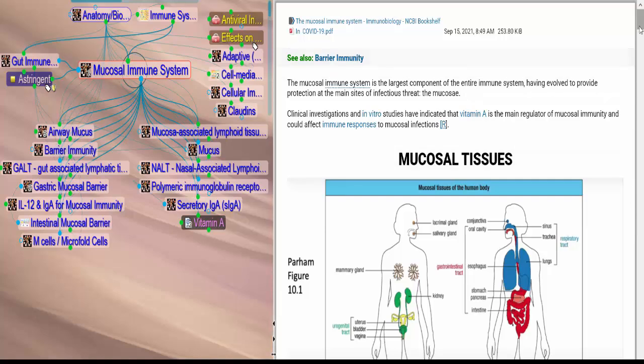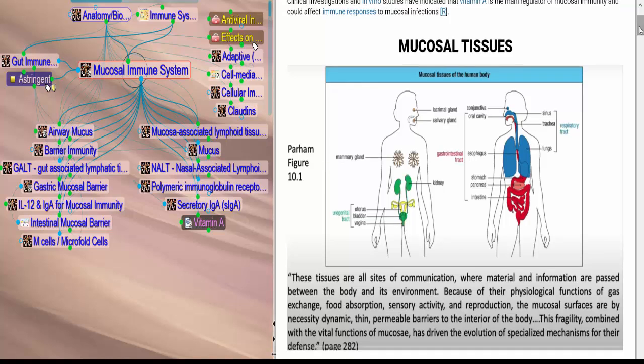So if we look at this illustration, we see we have a lot of mucosal tissues throughout the body. When we're talking about mucosal immunity, it's not just the gut, it's not just the respiratory system, but all of these highlighted colored tissues. These tissues are all sites of communication, where material and information are passed between the body and its environment because of their physiological functions of gas exchange, food absorption, sensory activity, reproduction.